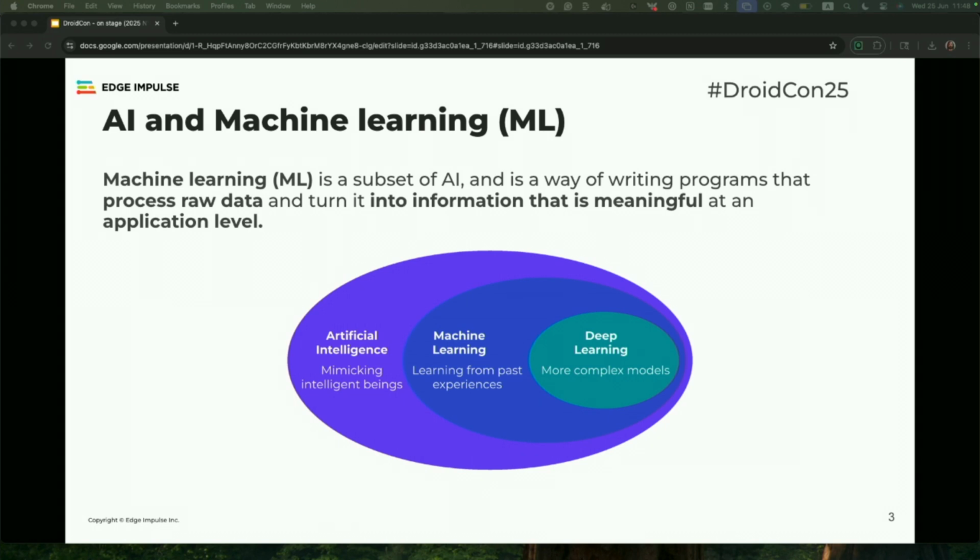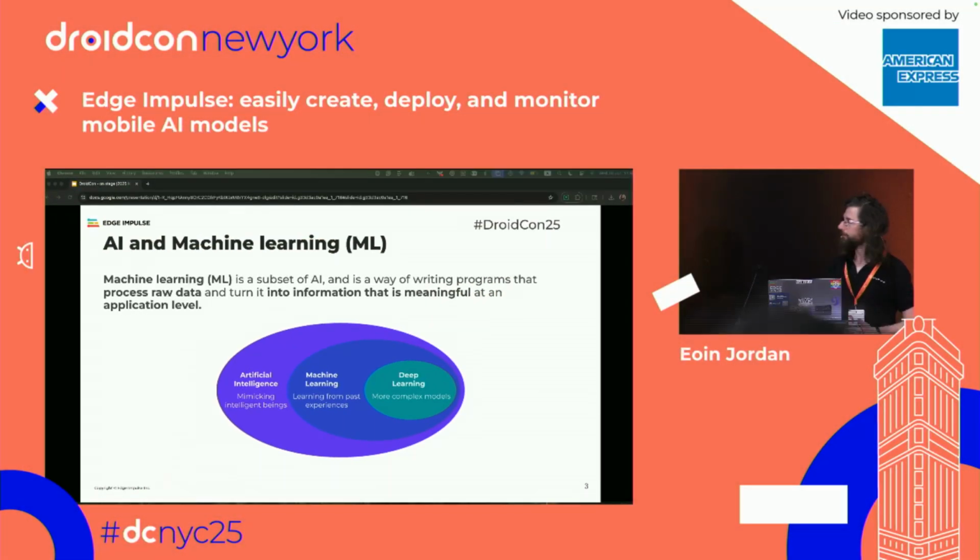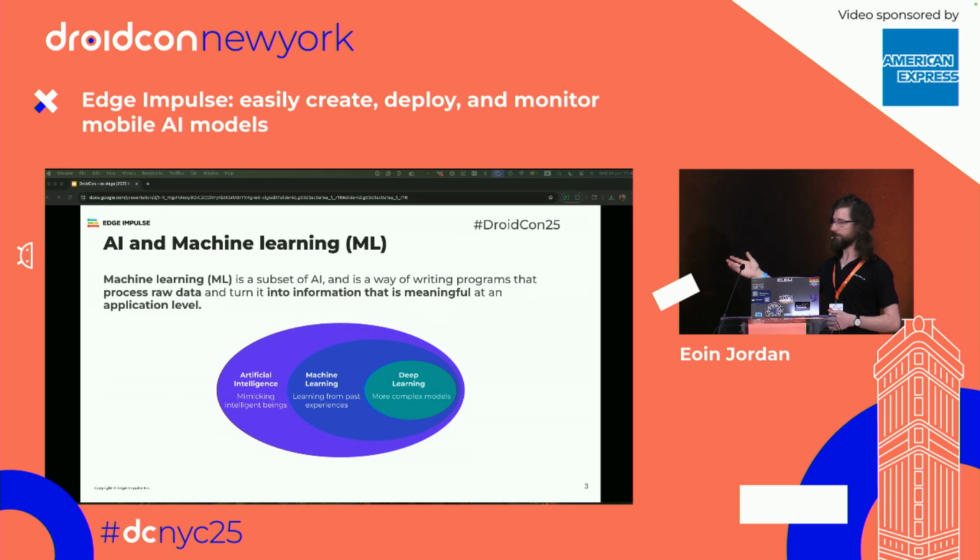ML, machine learning, is a subset of AI. AI is a broad area of artificial intelligence, including everything from your ChatGPTs to being able to run what we're going to look at today, which is ML. So it's associating previously seen inputs with outcomes.